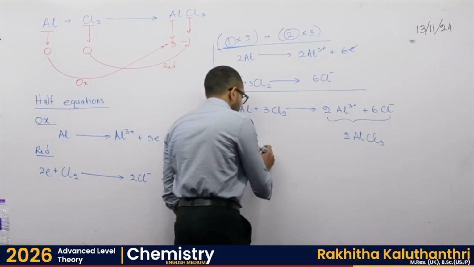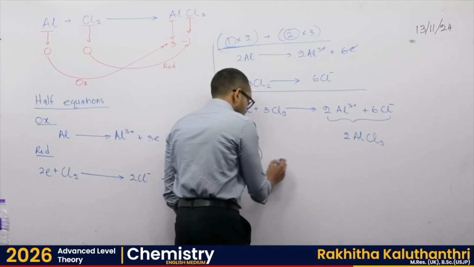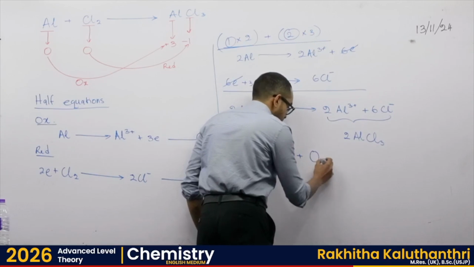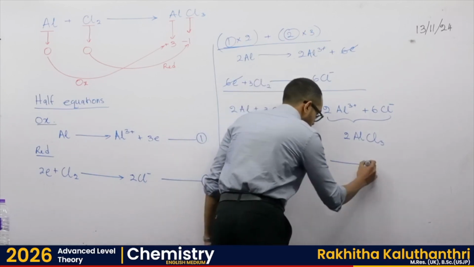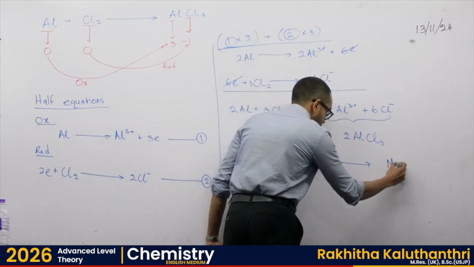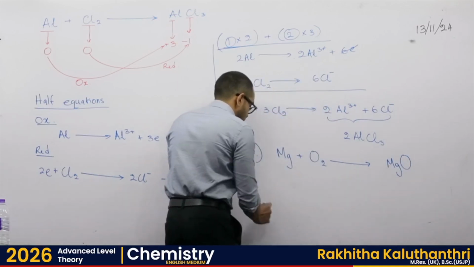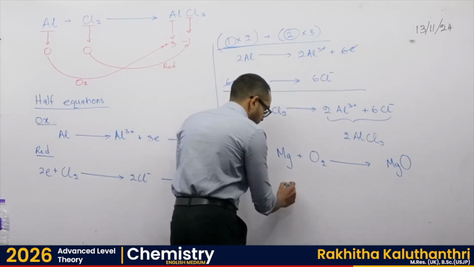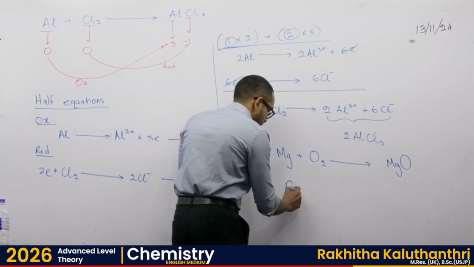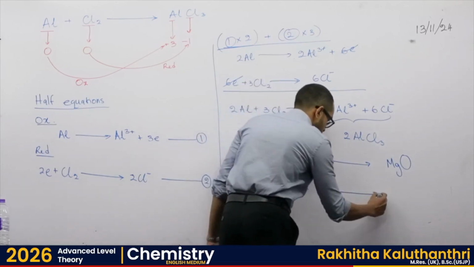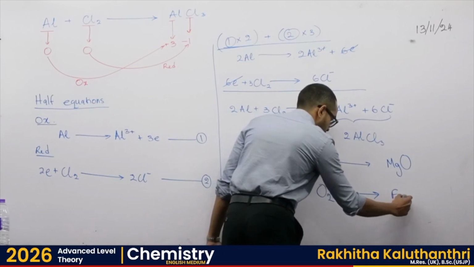So question number 1 is magnesium reacting with oxygen turning into magnesium oxide. Reaction 2, we have iron Fe reacting with oxygen to form Fe2O3.